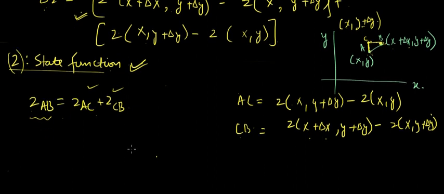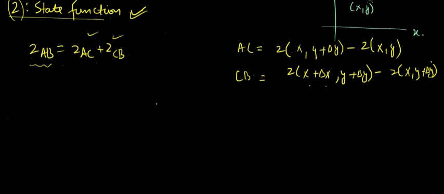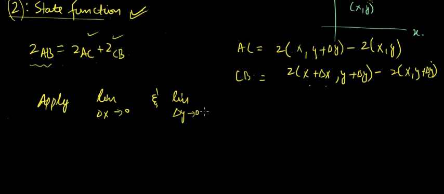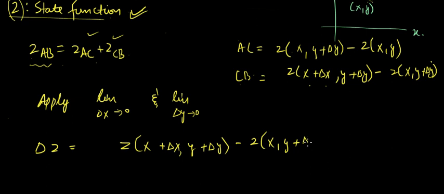Now when we apply limits, which is delta x tending to 0 and delta y tending to 0 in the two terms which we have just seen above, I'm just writing it again, that delta z would be equal to z of x plus delta x comma y plus delta y minus z of x comma y plus delta y.